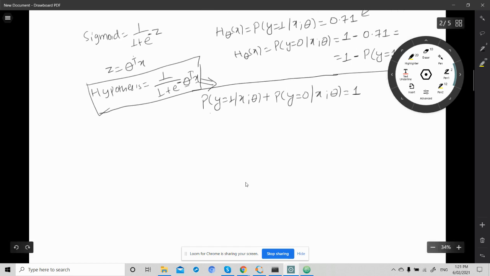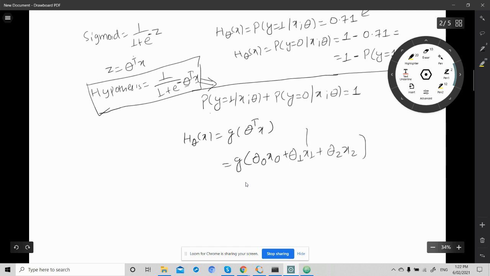So one thing to note is that, as we said, our hypothesis h theta of x is sigmoid of theta transpose of x, and we know that we have two features. This would be our x naught, theta naught x naught plus theta 1 x1 plus theta 2 x2.